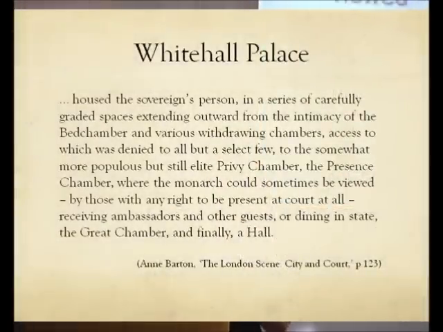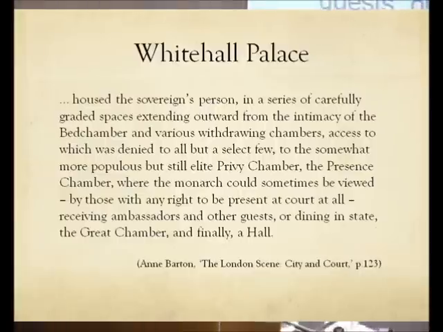She says it housed the sovereign's person in a series of carefully graded spaces extending outward from the intimacy of the bedchamber and various withdrawing chambers, access to which was denied to all but a select few, to the somewhat more populous but still elite Privy Chamber, the Presence Chamber, where the monarch could sometimes be viewed by those with any right to be present at court at all, receiving ambassadors and other guests, or dining in state, the Great Chamber, and finally a hall.